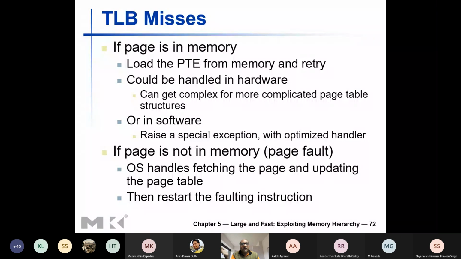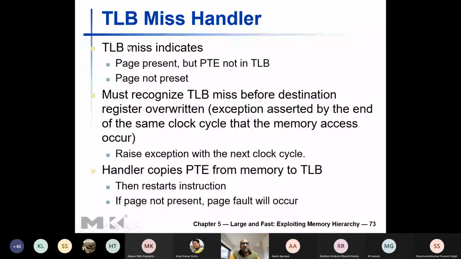We have to get that entry, that particular data. For that, we need to check the page table and the physical memory, and if it is not there, page fault. So first it generates an exception, and with that exception, it can handle the misses. That's what the page table handler and similar handlers do.